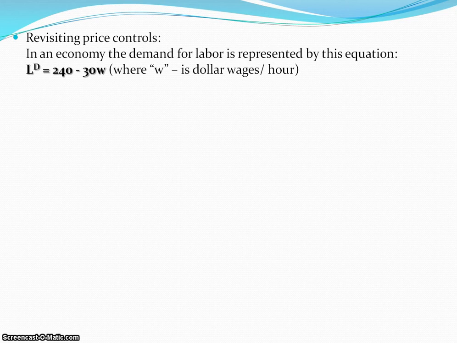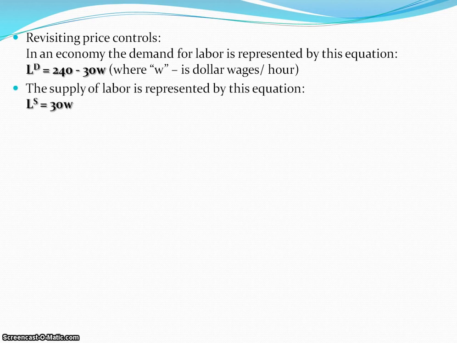It means that at such a low wage, firms will demand a very high quantity. Again, this equation describes how many individuals will be demanded by firms at a particular wage.